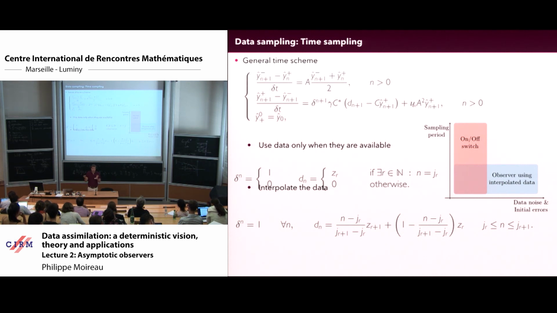If you interpolate the data in order to use the stability at every time step, the problem is that you introduce a consistency error due to the interpolation. You can do the numerical analysis in the two cases, and you prove that depending on the sampling period and the amount of noise in your data, maybe one choice is better than the other one.